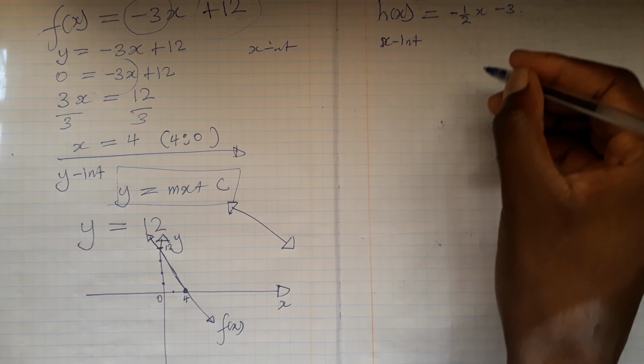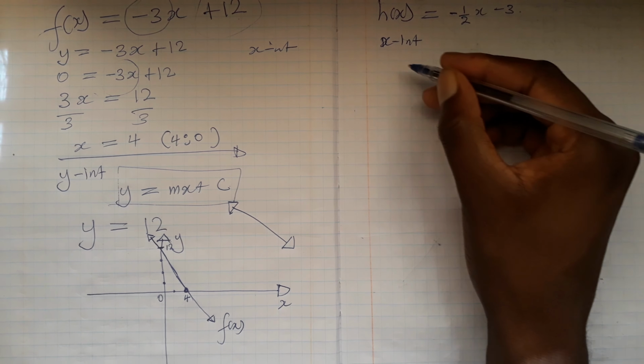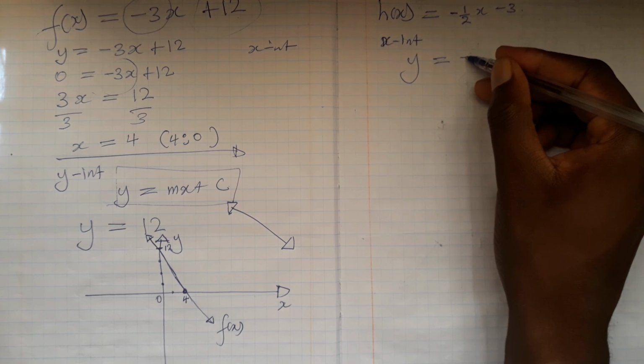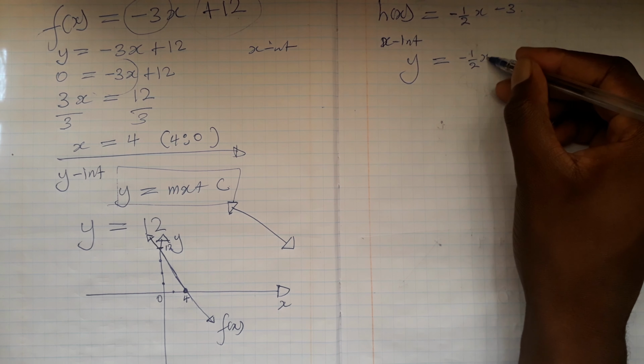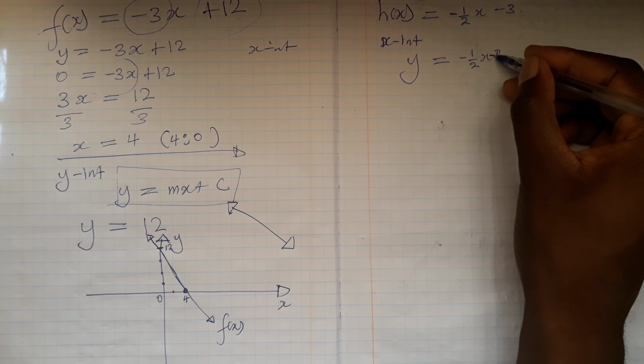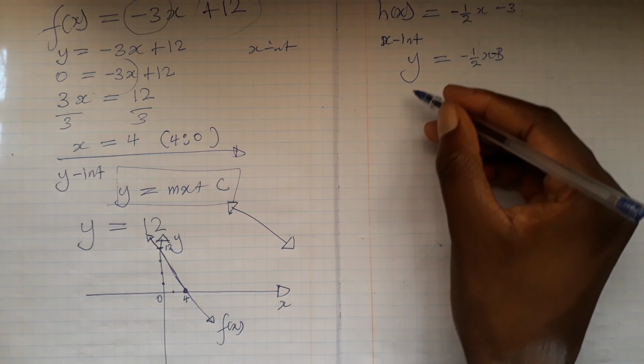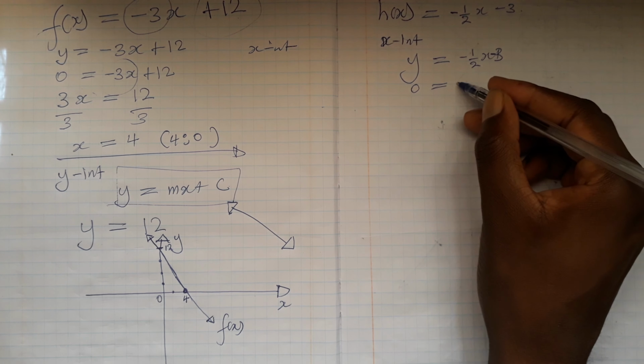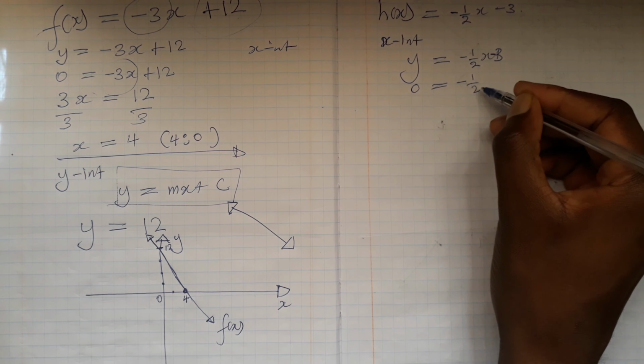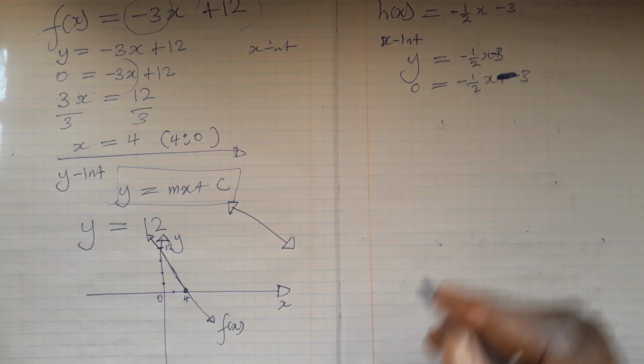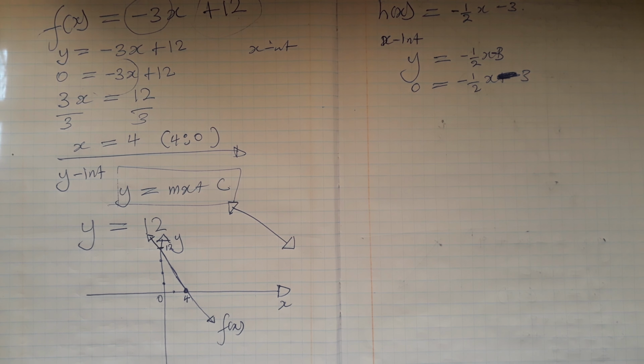X-intercept, you know that you must let y equal 0. y equals -1/2 x minus 3, and then we let y equal 0. Minus 3. Then what are we going to do next?